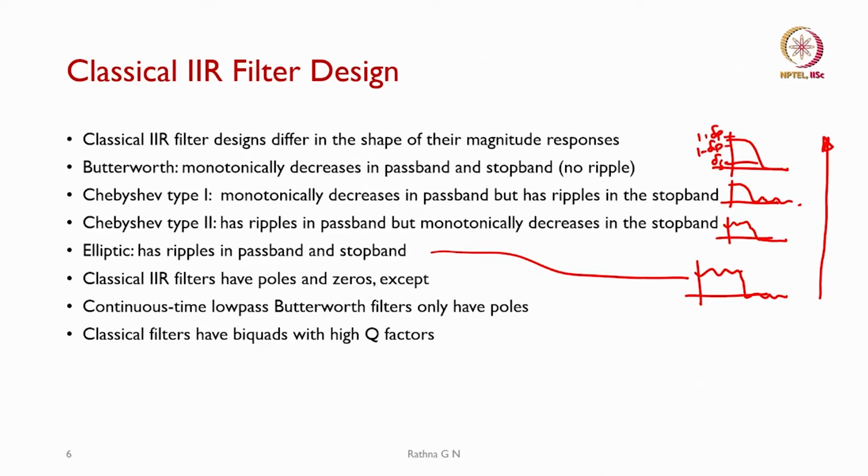In this case, if we select Butterworth, the order is going to be more, whereas the elliptic order is going to be very low compared to other filters, but I will have ripple in the pass band as well as the stop band. Chebyshev 1 has ripple in the stop band, whereas Chebyshev 2 has ripple in the pass band.